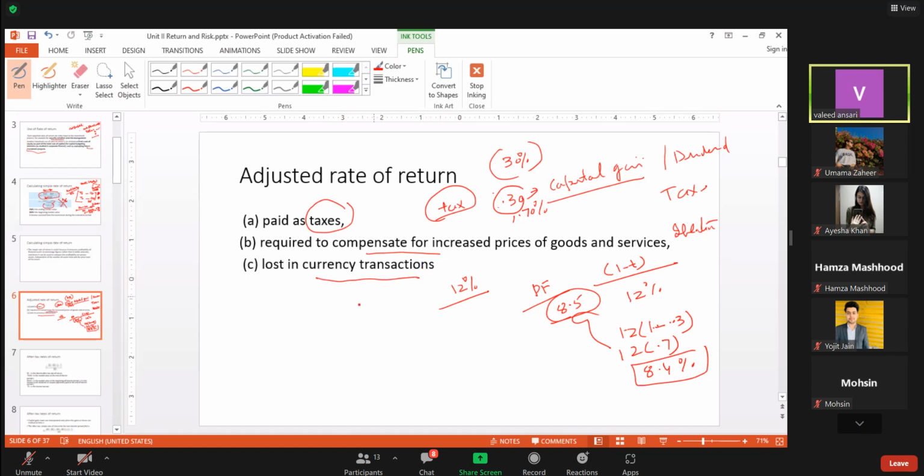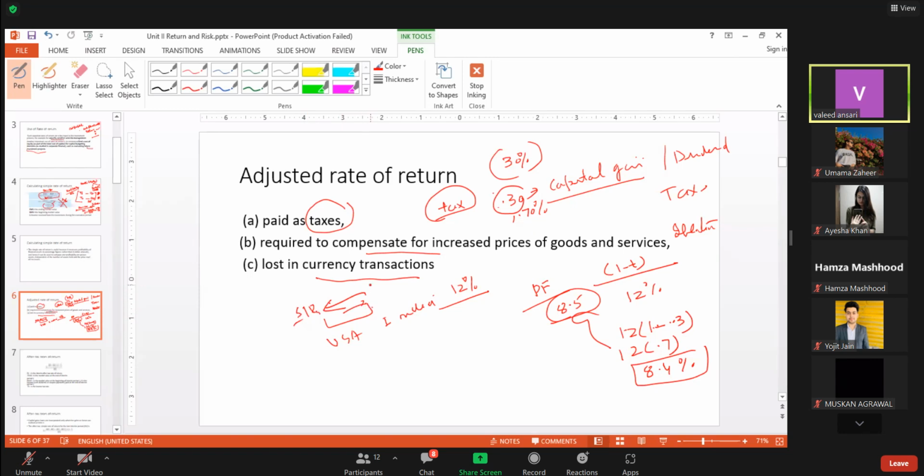If somebody is making an investment from the US to India, let us say, naturally dollar will be converted into rupee, and then after that period, the money will be converted back into dollar. So that is where the exchange rate comes into the picture.